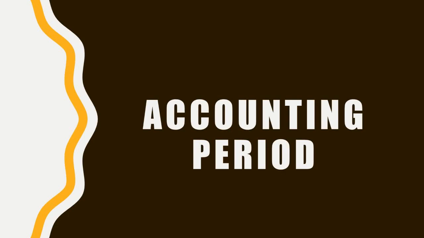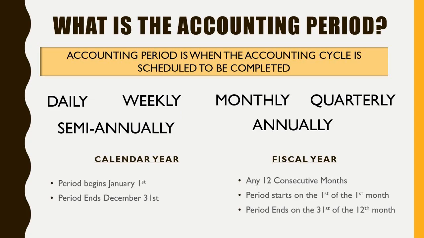All right, so let's talk about what an accounting period is, because I mentioned accounting period a bunch of times throughout this entire accounting cycle. The easiest way to understand it is to ask when you actually want to complete the accounting cycle.